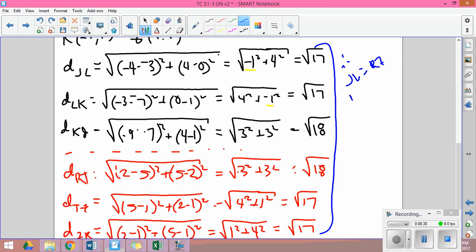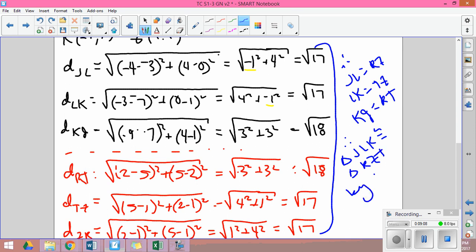I could say that LK is equal to TZ, and I could say that KJ is equal to RT. Therefore, triangle JLK is congruent to triangle RZT by side, side, side.